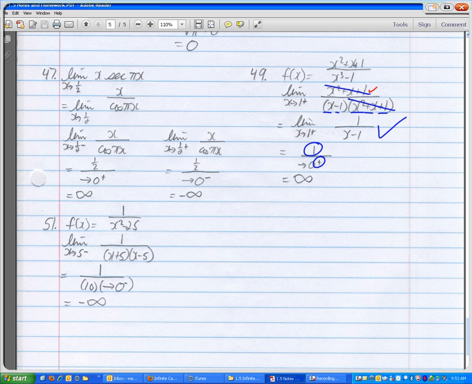Positive. Because it's positive. What would the answer be if I'd put a negative sign right there? Negative infinity. Catching on to how it works? Any constant divided by a denominator approaching 0 is always going to be one or the other. You just got to decide the sign. Does that help?